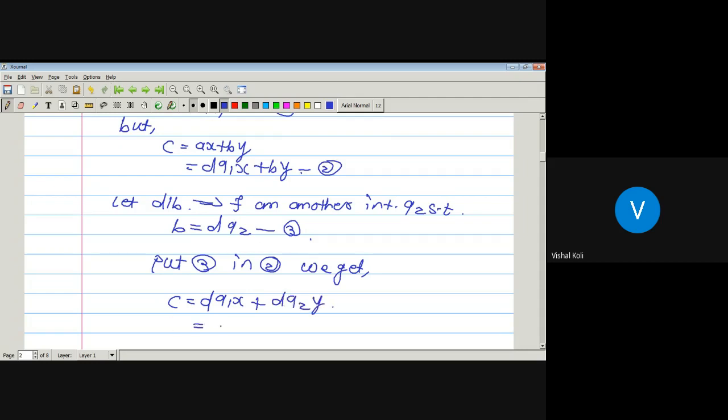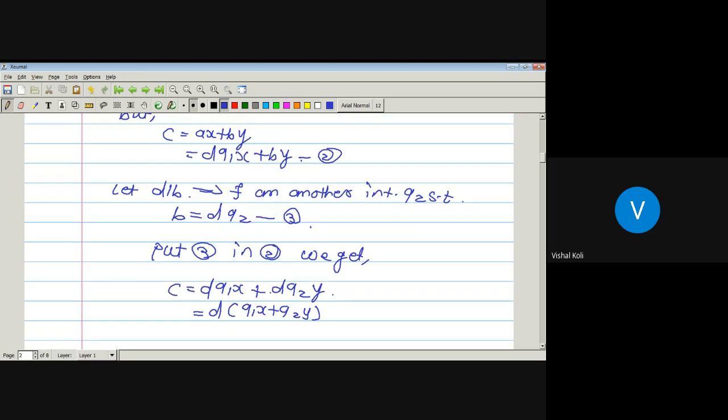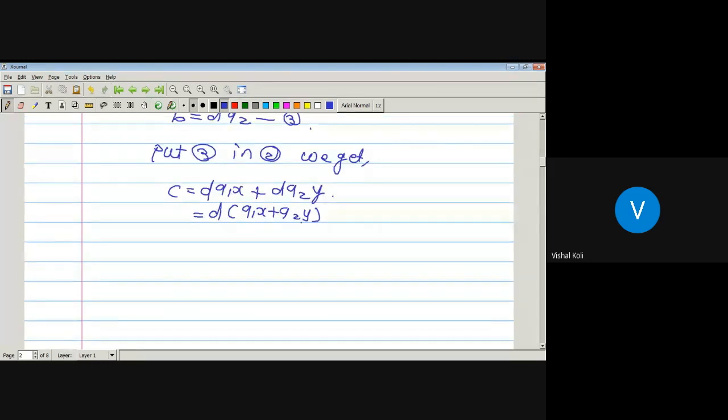Taking d common, we get q1x plus q2y. Now x and y are integers, q1 and q2 are also integers, so the linear combination of these four integers is again an integer. So it is d into some k dash, where k dash is q1x plus q2y. So c is equal to d into k dash.